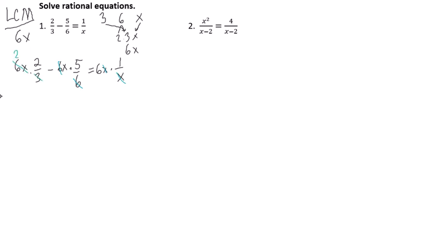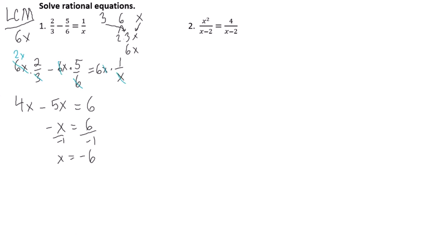So this will become 2x. And now we can multiply what's left. 2x times 2 is 4x, minus 6x times 5/6 gives 5x, and 6 times 1 is 6. So 4x minus 5x gives you negative x equals 6. Divide both sides by -1, and you get x equals -6.